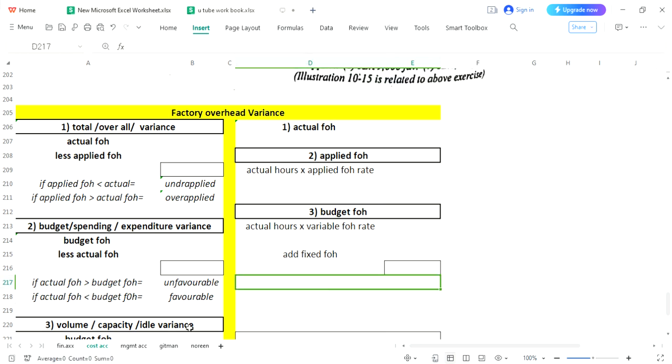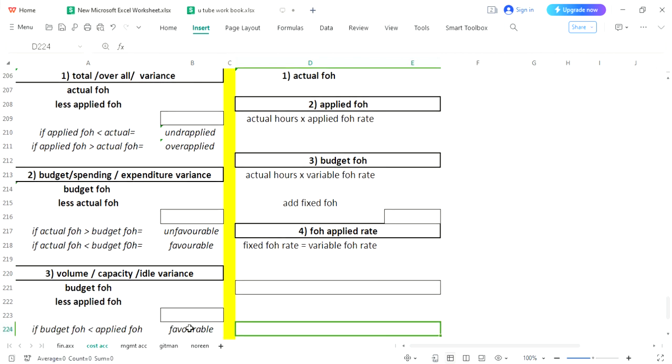Then at number 4 we need the applied FOH rate, and it is actually the sum of two rates: the fixed FOH rate, which would be added to the variable FOH rate.